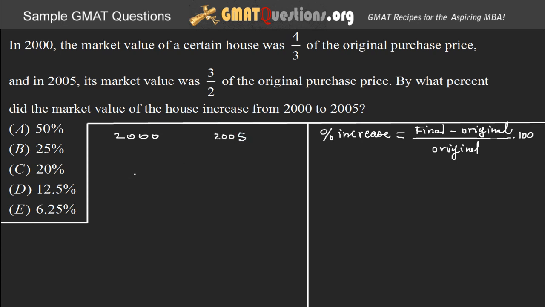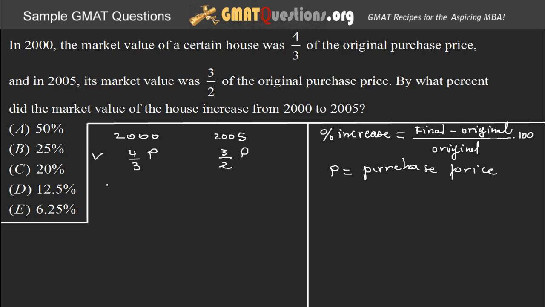Now if we call P the purchase price of the house, we can say that the market value, let's call it V, is going to equal 4/3 of P in 2000. And then in 2005, it's going to be equal to 3/2 of P.